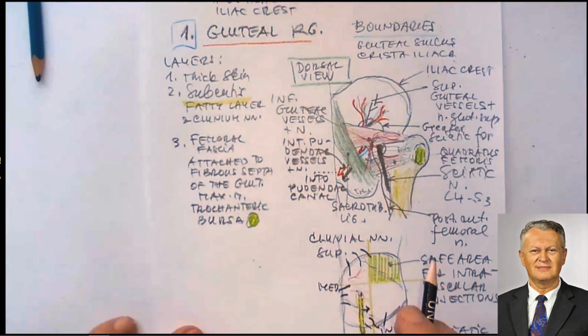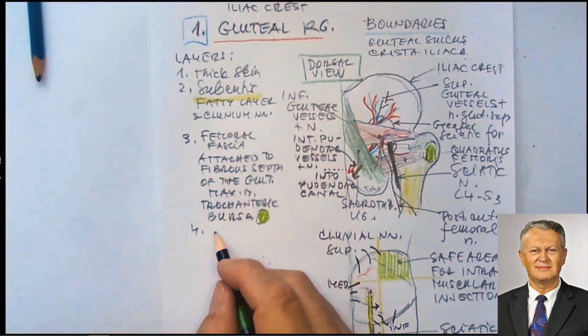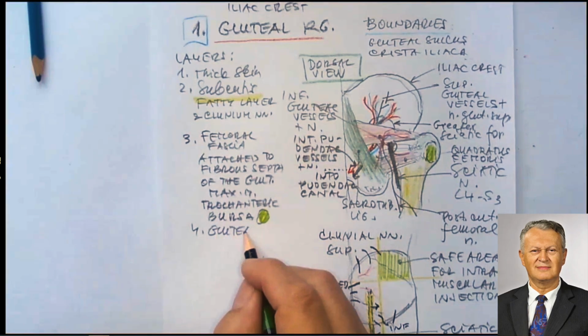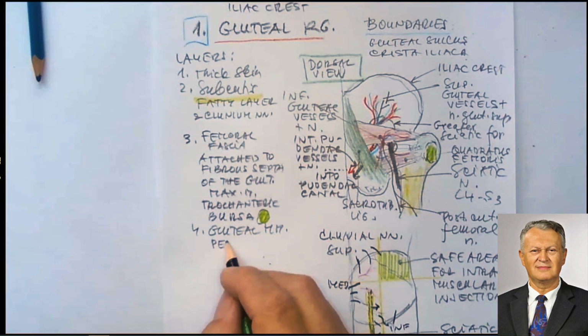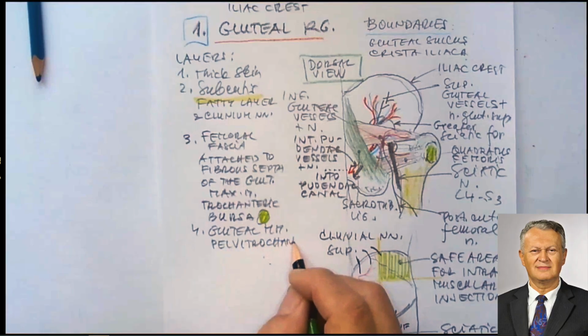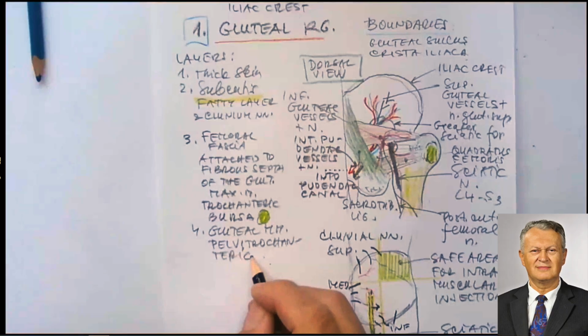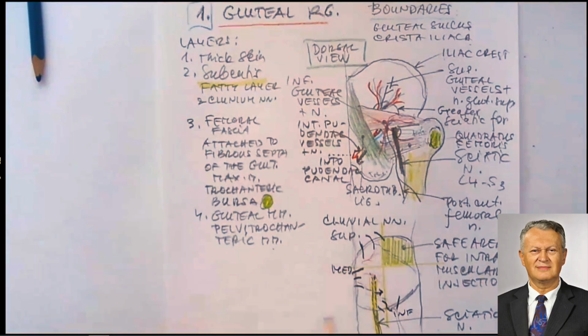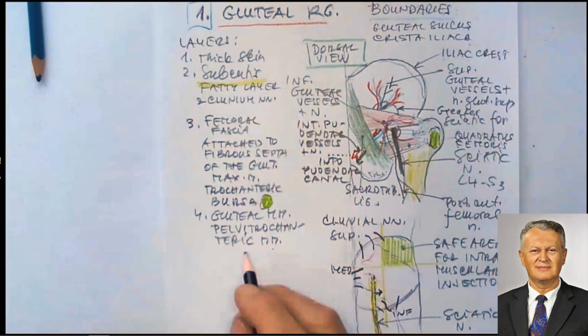And then follows the layer of the muscles. We call them gluteal muscles, and then pelvitrochanteric. I'm not drawing an extra diagram, but the pelvitrochanteric muscles run mediolaterally.